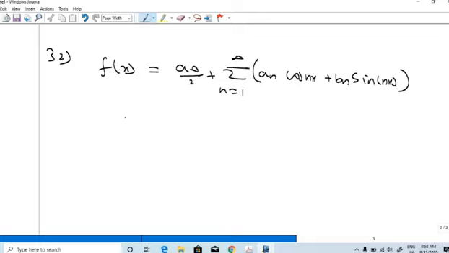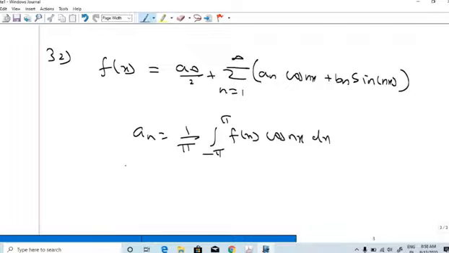Now, an is 1 by pi times the integral from minus pi to pi of f of x cos nx dx, and bn is 1 by pi times the integral from minus pi to pi of f of x sine nx dx.